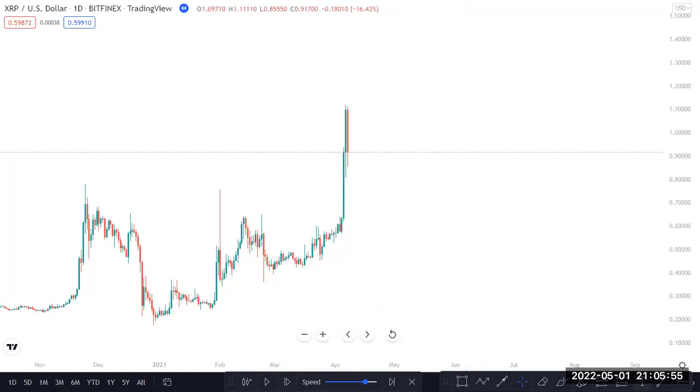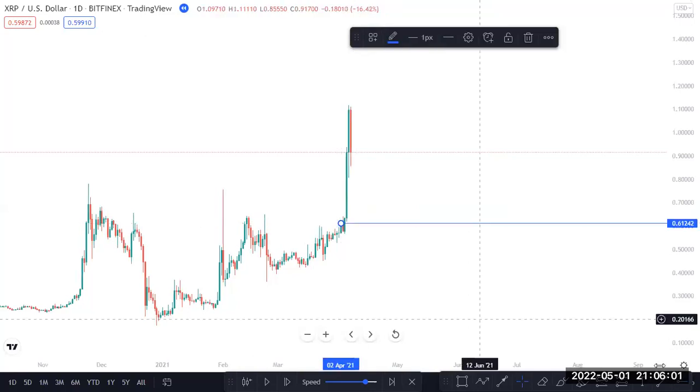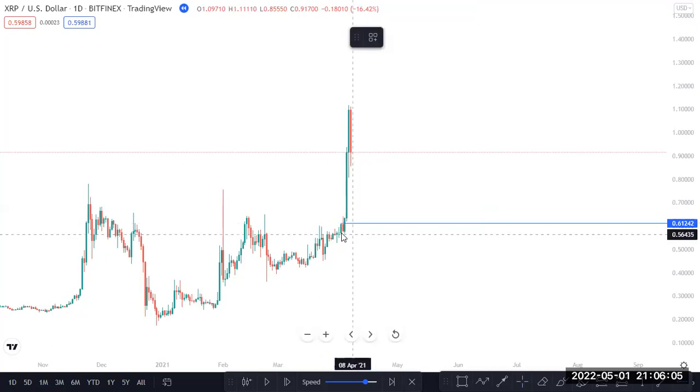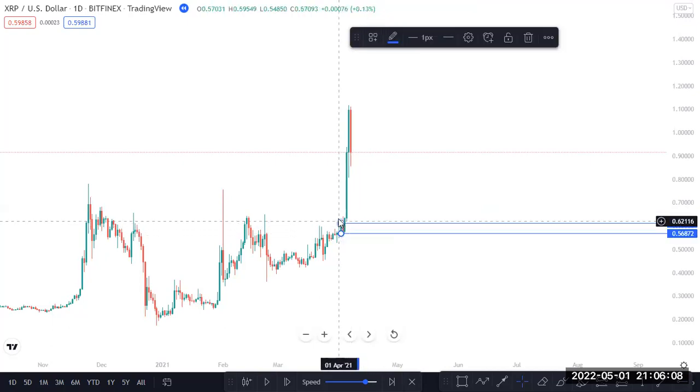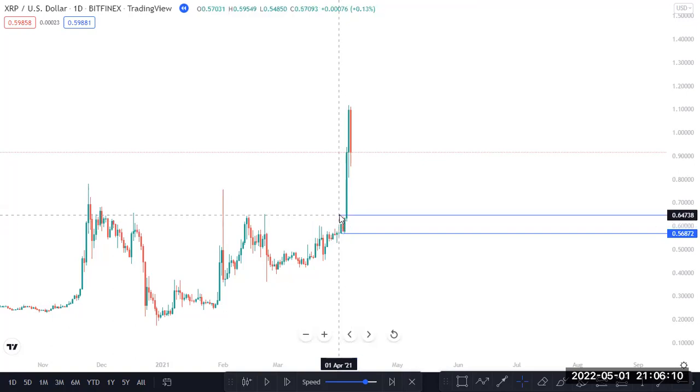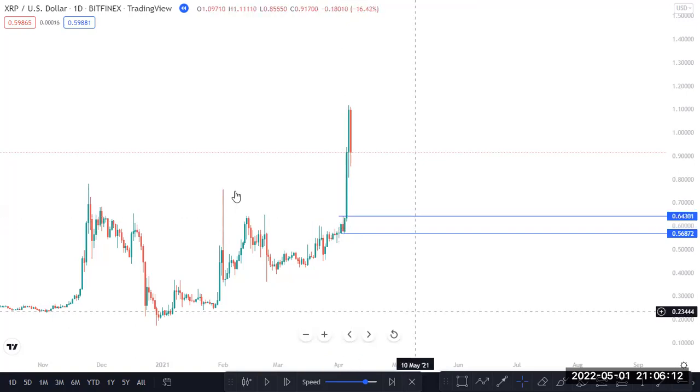So I mark this area as my point of equilibrium. I want this coin to come back to these levels and show me rejections. Then I take my buy.